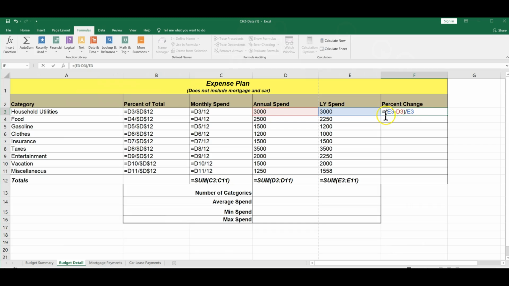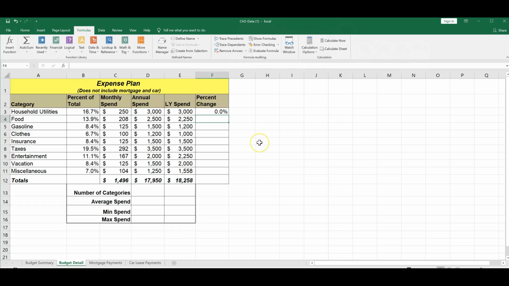So I'll put in parentheses, so remember that's please. Parentheses will make sure that whatever's sitting inside the parentheses happens first, and then I divide by my total number. And did that fix it? Once again, go back to show formulas. Yeah, there was a 0% change.